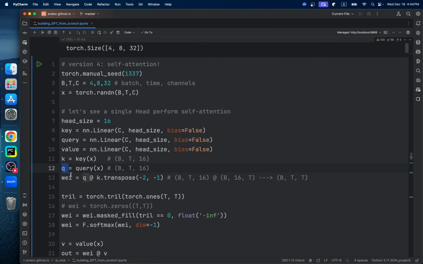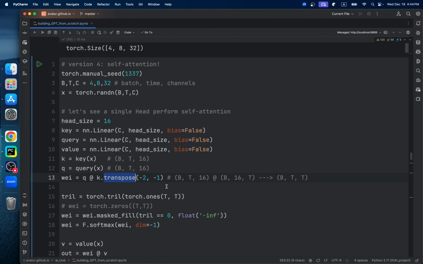And then here is the attention formula. We simply multiply Q with K transpose. K transpose means we swap the -2 and -1 dimensions to get the corresponding shapes. Our goal is to perform the dot product of keys and queries for all pairs of queries and keys.